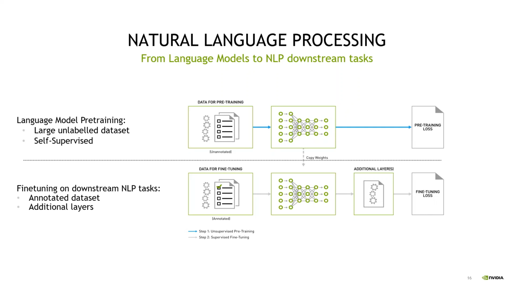One example is the masked language model, where we corrupt a few words in a sentence and train the model to predict them. Then, to solve domain-specific NLP tasks such as sentiment analysis, in the second step, we copy the pre-trained model, add a few layers on top of it, and continue fine-tuning the model on the downstream task with annotated datasets.